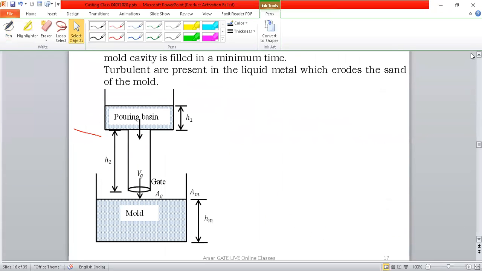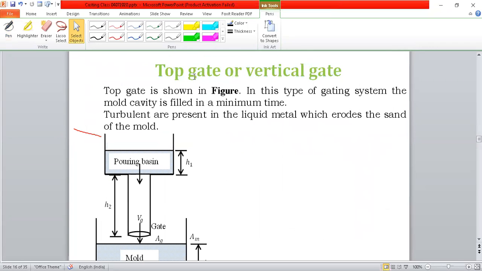So now we'll discuss the top gate. In all gates, our interest is to find out the filling time. So top gate or vertical gate is the same.